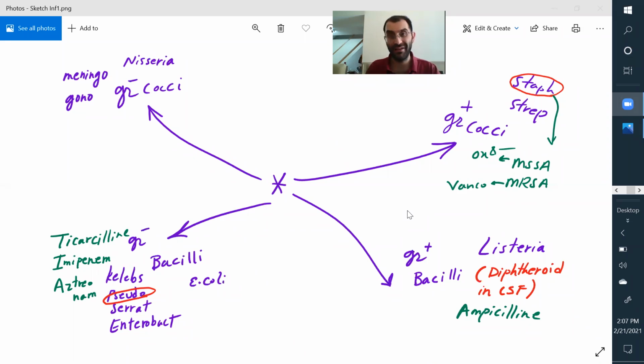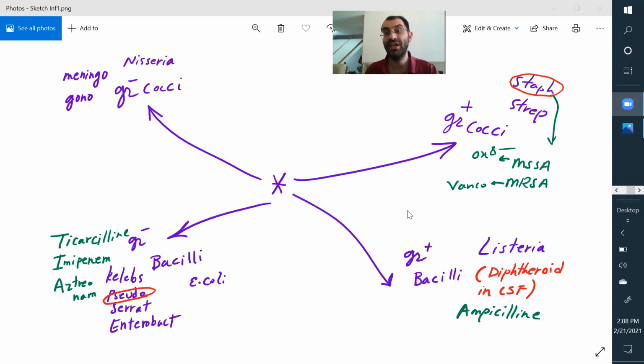So they modified it and made Pseudomonas-killing penicillins: piperacillin, ticarcillin, carbenicillin. And these are Pseudomonas-killing penicillins.